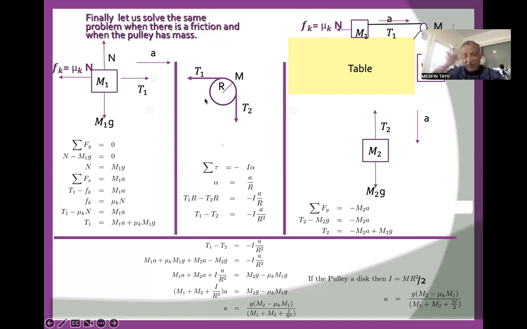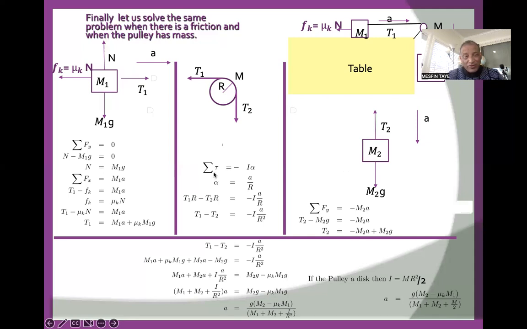Clockwise. When M1 goes this direction and M2 goes down, the pulley is rotating clockwise, and the angular acceleration is negative. And angular acceleration is the linear acceleration divided by the radius of the pulley, which we learned before.